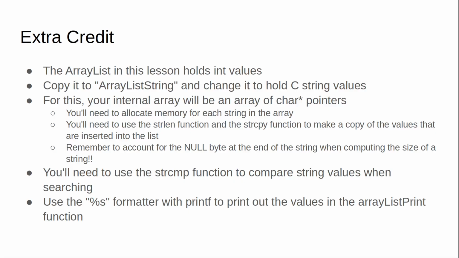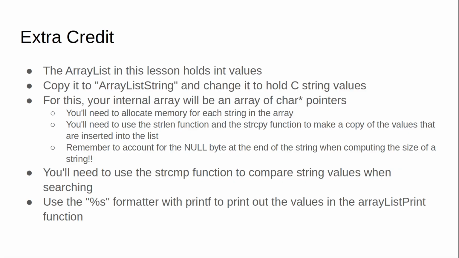Okay, last thing. This is extra credit. So the array list that we defined in this lesson holds int values. Now, your real list that you're going to use in real life could hold ints, but they could hold doubles or floats, or they could hold strings.